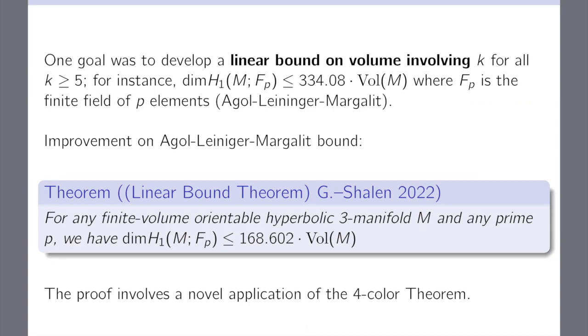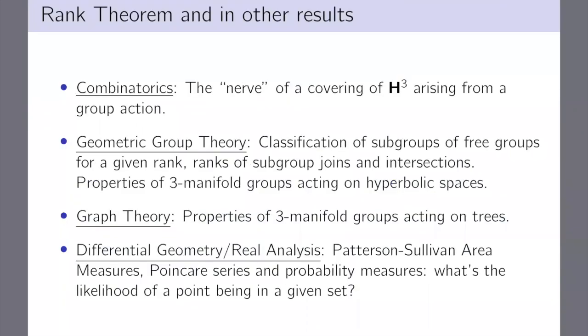And while we used some of the techniques of Agol, Leininger, and Reid to start off, we ended up doing a whole bunch of different stuff. And by different, I mean even including an application of the four-color theorem, which is really cool and a sort of bucket list thing. So that's really great. Now, lots of different areas of math come together here. We didn't really talk about combinatorics too much, or graph theory, and those ingredients are used in the rank theorem.